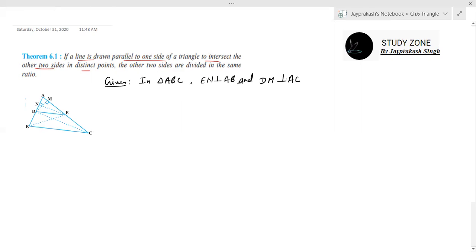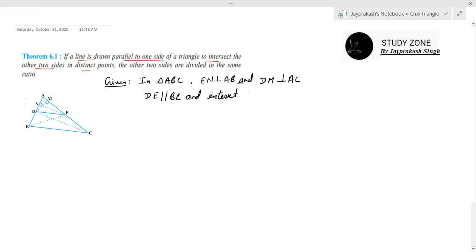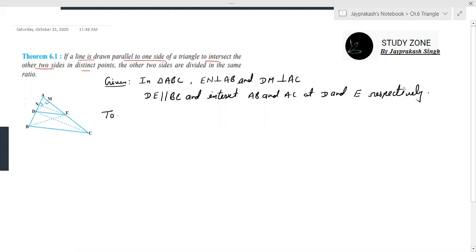Now, if you want to write more, then you can also write that DE is parallel to, not perpendicular, parallel to BC and intersects AB and AC at D and E respectively.